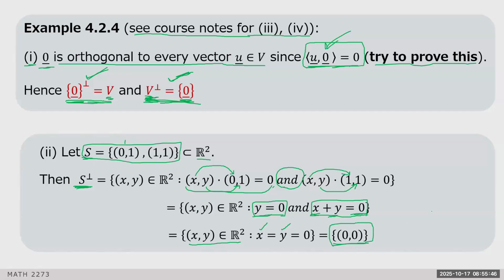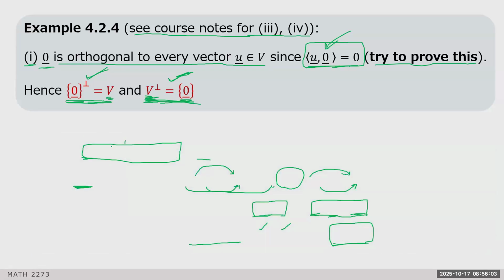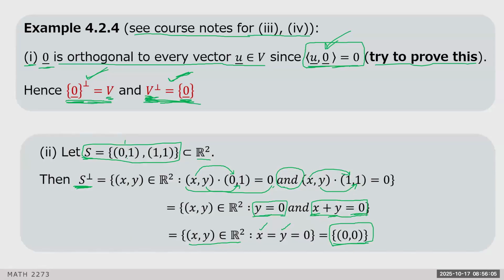Remember I said that the orthogonal complement always contains the 0 vector. The question is, does it contain anything more? In this case, no. It's just the 0 vector. And actually, if you think about it, notice that this set S is a basis for R squared, right?